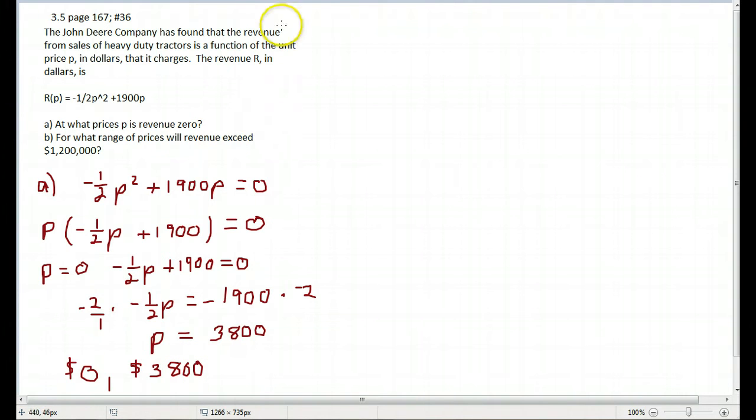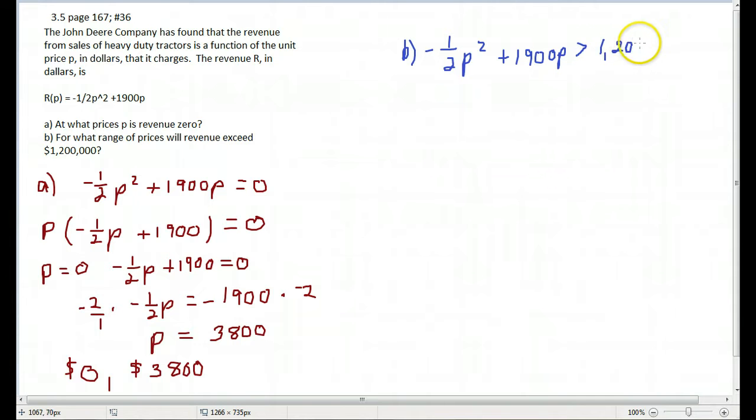Now, let's take a look at part B. Part B says, for what range of prices will revenue exceed $1,200,000? Well, our revenue is, for part B, negative 1/2 P squared plus 1900 P. We want to know where this is going to exceed, so that means greater than 1,200,000.